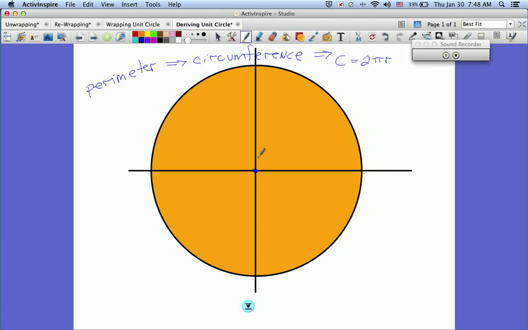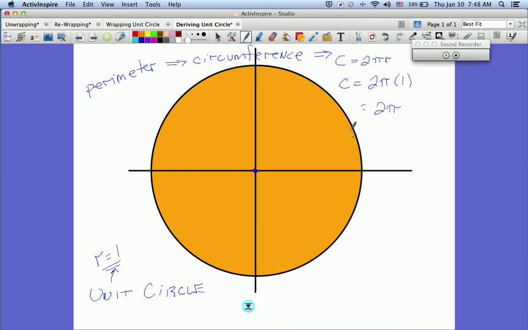Now, this circle doesn't have anything labeled, but you've heard me say the words unit circle before. And a unit implies it has a radius of 1. Radius equals 1. So the circumference of our circle is 2 pi times 1, or 2 pi.